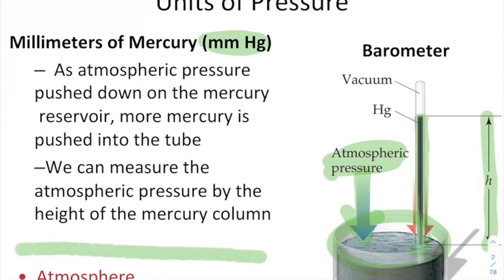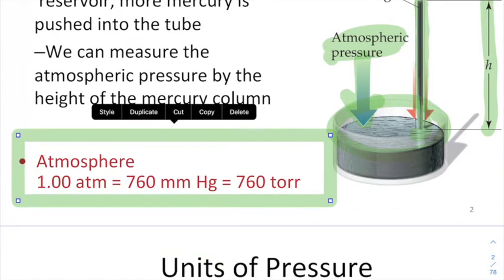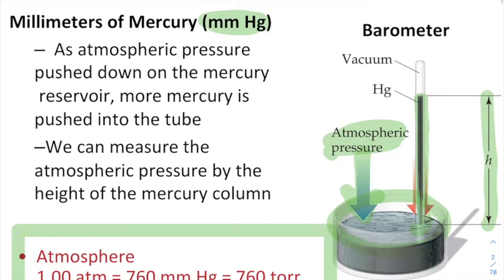And down here is a conversion that I do need you to know, and it's an exact conversion. That is 1 atm equals 760 millimeters of mercury. We can also say that 1 atm equals 760 torr. So millimeters of mercury and torr are interchangeable units.